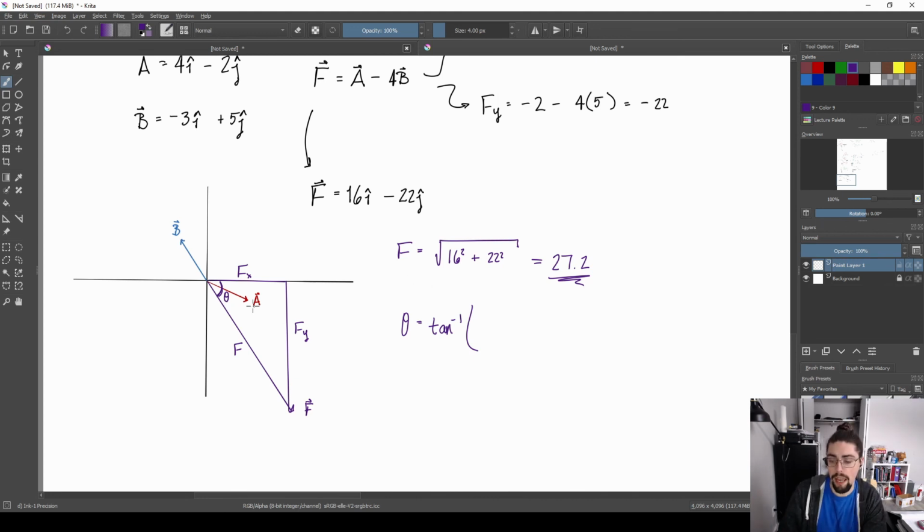But anyways, my angle theta, opposite over adjacent, is 22 over 16, to give me 53.97 degrees.